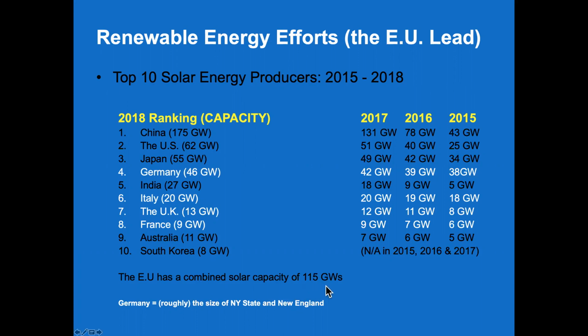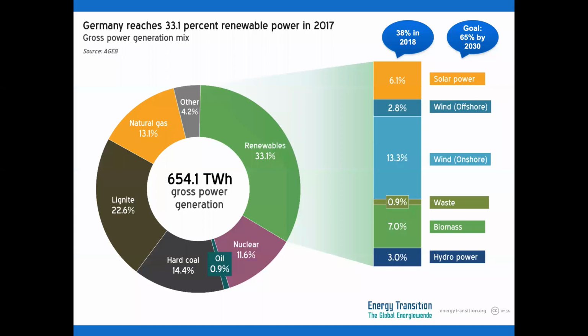And frankly, this is going to increase more as we move through the 2020s. Germany reached 38% solar and renewable in 2018, and the goal is 65% by 2030. So whatever Germany doesn't renew in terms of like recycling, they incinerate and then they use other renewables.